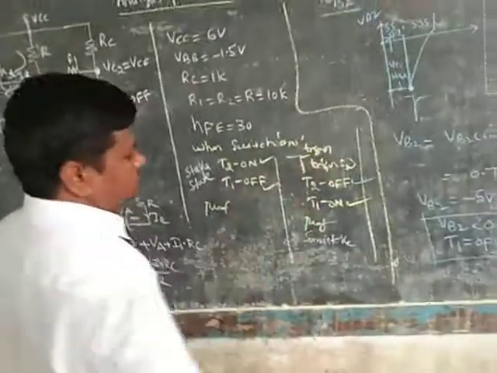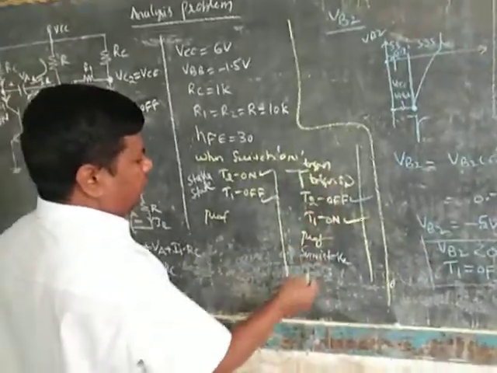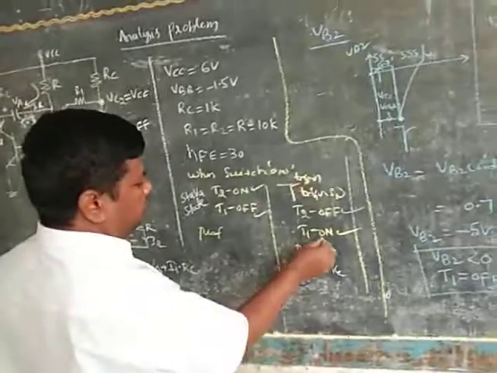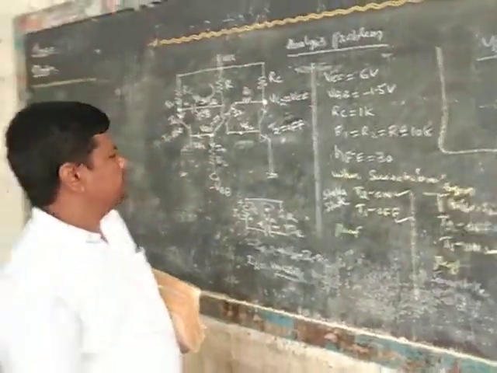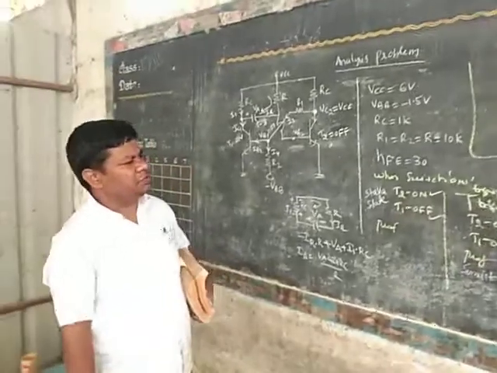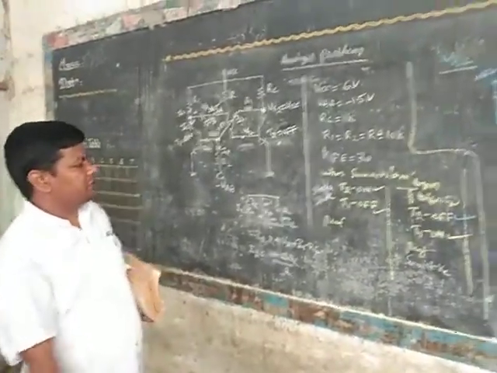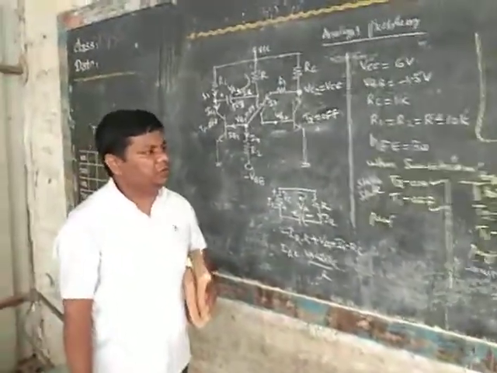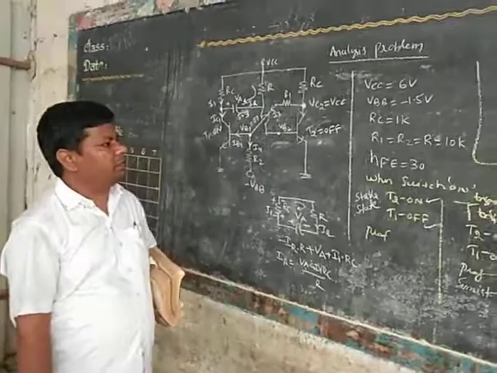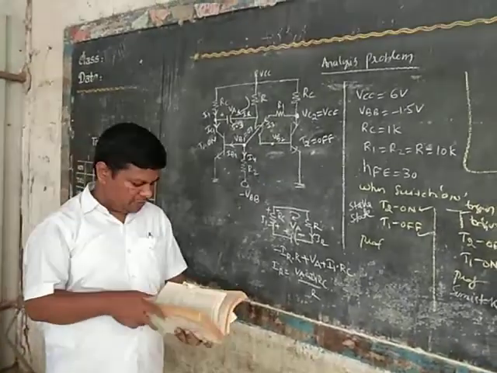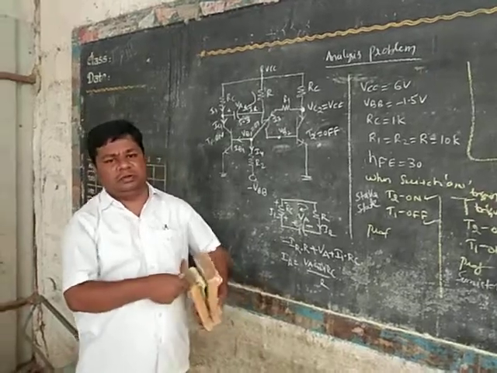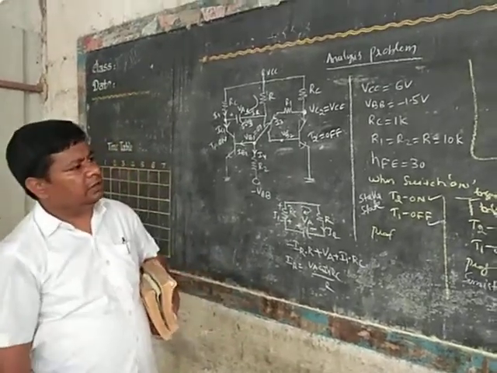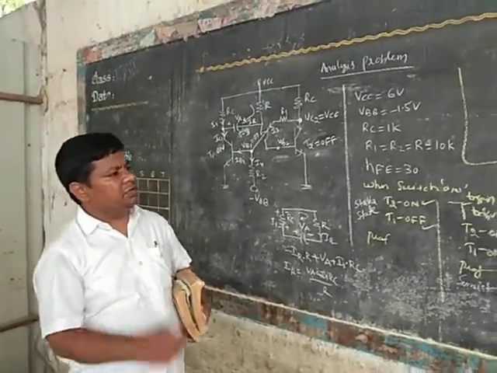In semi-stable state, after applying triggering signal, again we have to verify that T1 transistor is on, T2 transistor is off. This is the procedure. Most of the concepts are similar to the bistable multivibrator circuit analysis problem. This is the example problem in Millman Taub page 420. Please go through Millman Taub if any doubts. Most of the concepts are same.